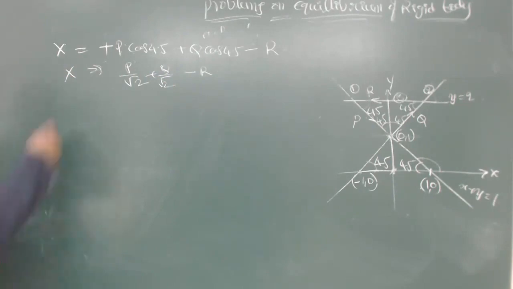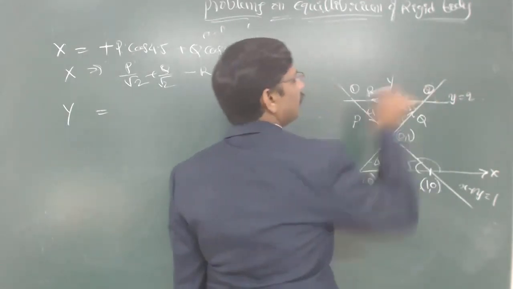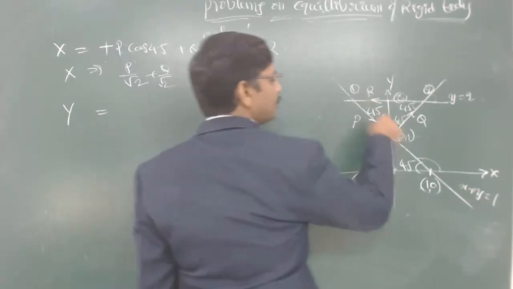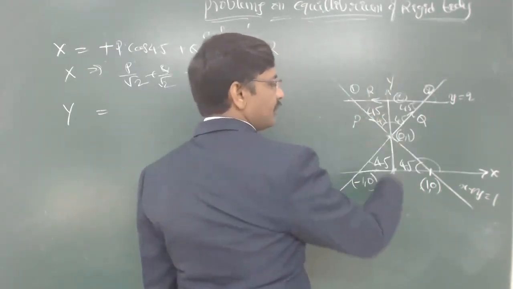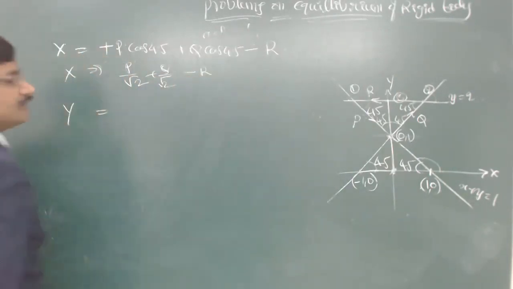And the y component of the force: R is completely horizontal, so you can remove it. P is acting downwards and Q is acting upwards. Downwards is negative and upwards is positive, and both are making an angle of 45 degrees with the vertical.